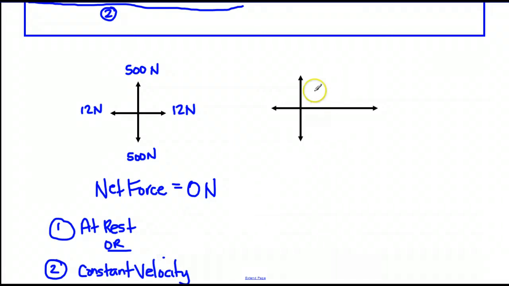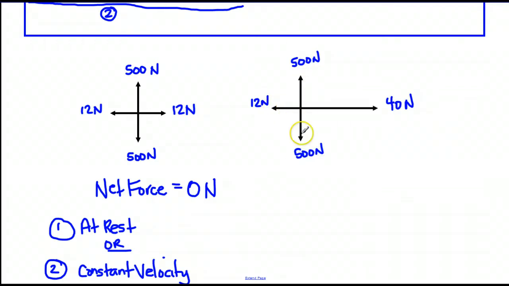Now an example of where it's not, let's say this were 40 newtons to the right. See how much longer it is than this side, and we can keep this at 12 newtons. And let's say, look, these guys look balanced, so we'll stick with the 500 up and the 500 down.